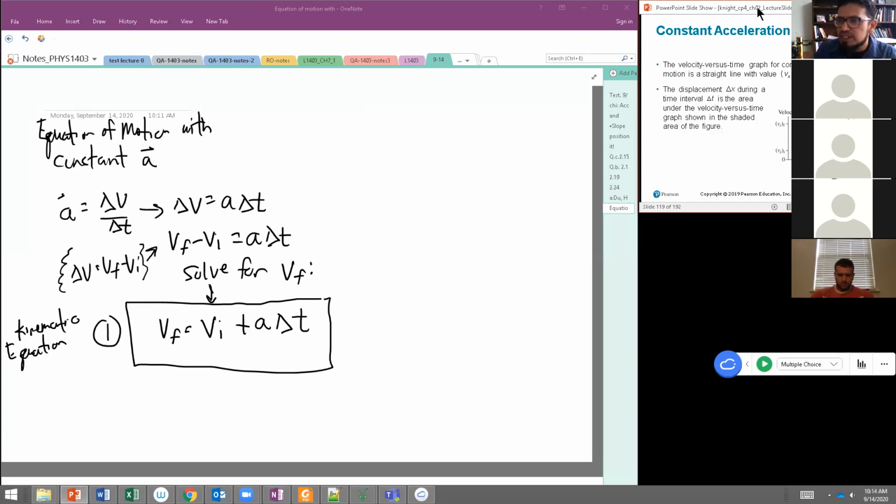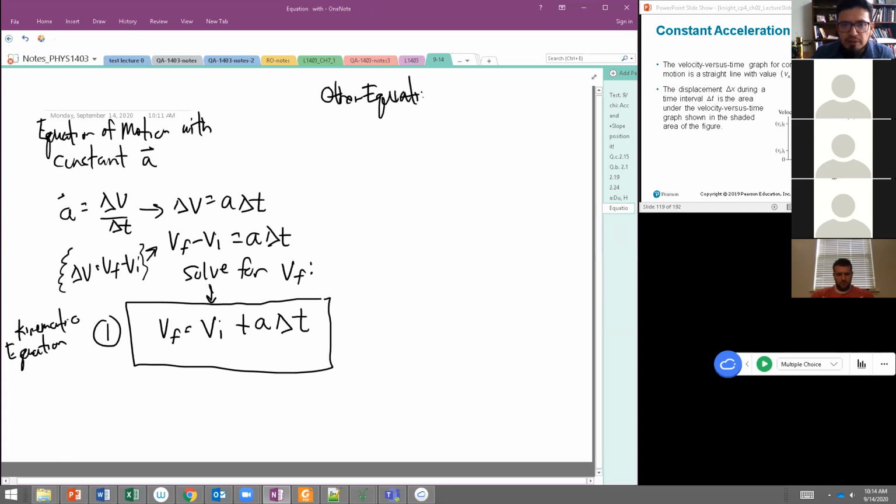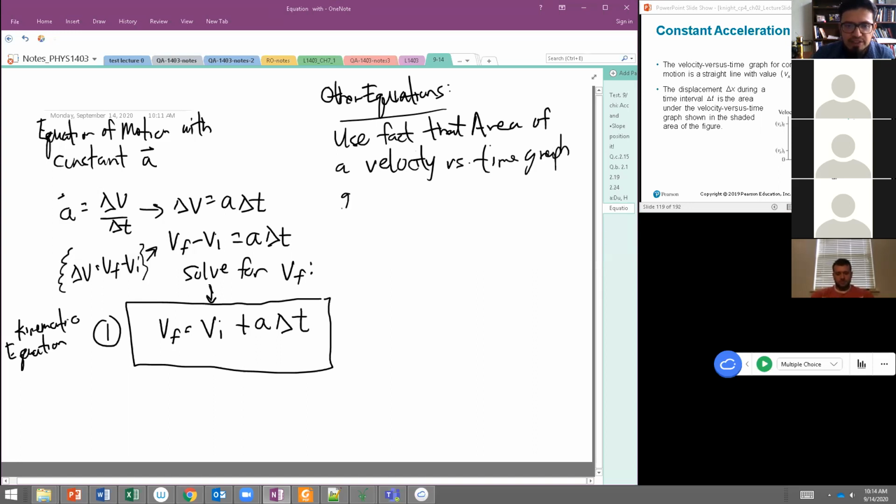Now, what's interesting is you can develop other equations using the properties we've already discussed. We're going to use the fact that the area of a velocity versus time graph gives displacement.